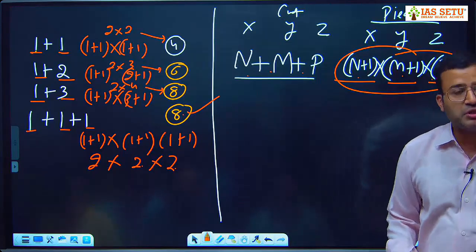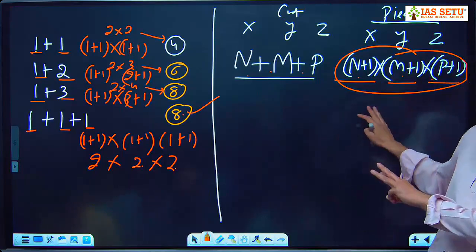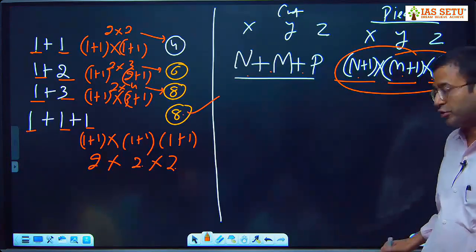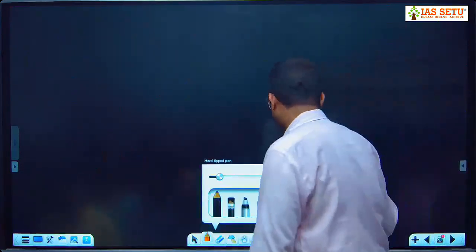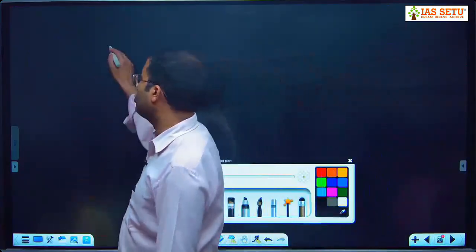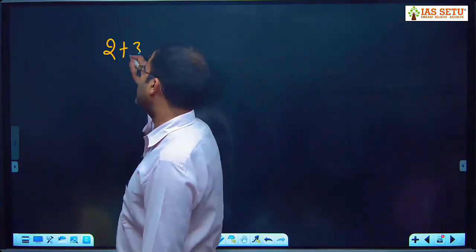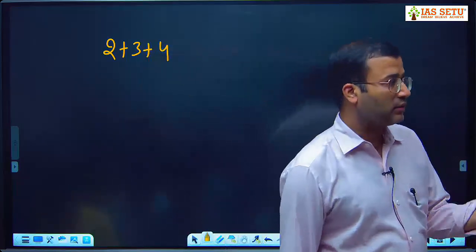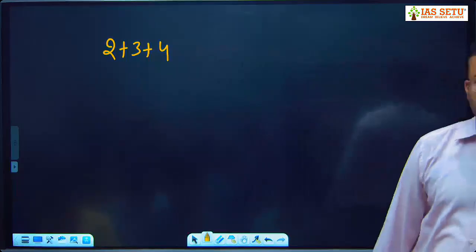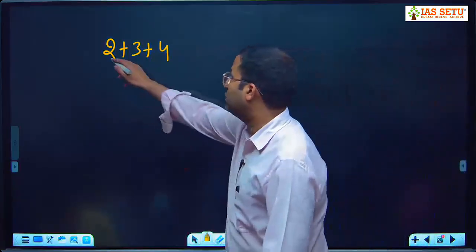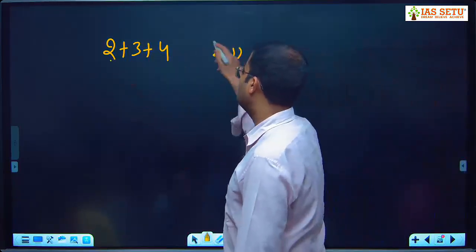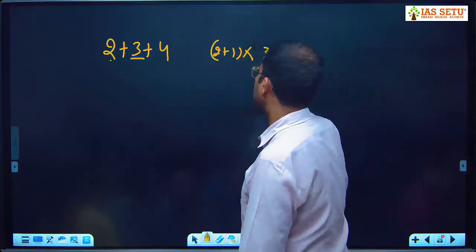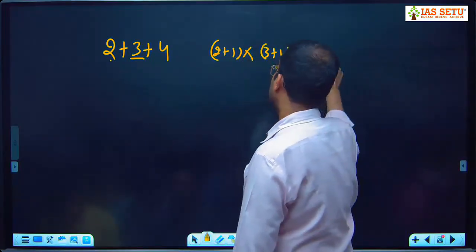Let me take 3 more examples where I use the pattern, then I ask you 3-4 questions. Like here the question is, the examiner asks you to make 2 cuts on the x-axis, 3 cuts on y, 4 cuts on z. The number of pieces is asked, so it is 2 plus 1 into 3 plus 1 into 4 plus 1.